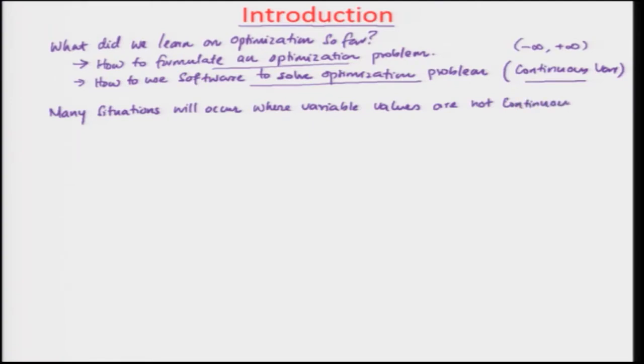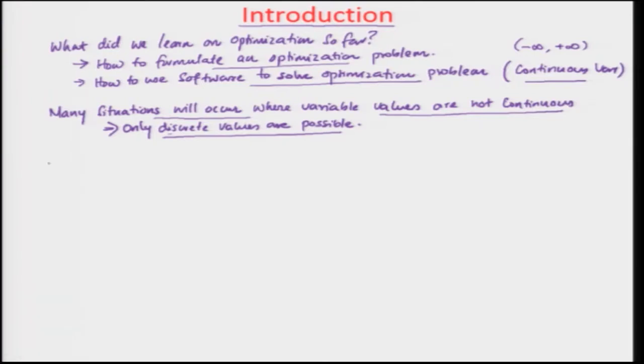These variables are not continuous, or in other words only discrete values are possible. So, what we are saying is that many optimization problems will not have the variables as continuous variables. Instead, only discrete values are possible. Discrete means integer values, countable values, those kinds of things.